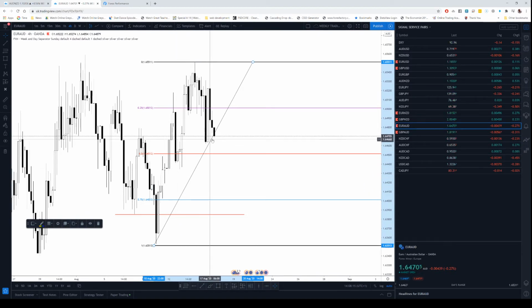Let's wait for price to come below 50%, and then we will see what we can do with it. For now, we are in the upper portion of the range. So for a buy, let's wait for price to come down to the lower portion of the range.